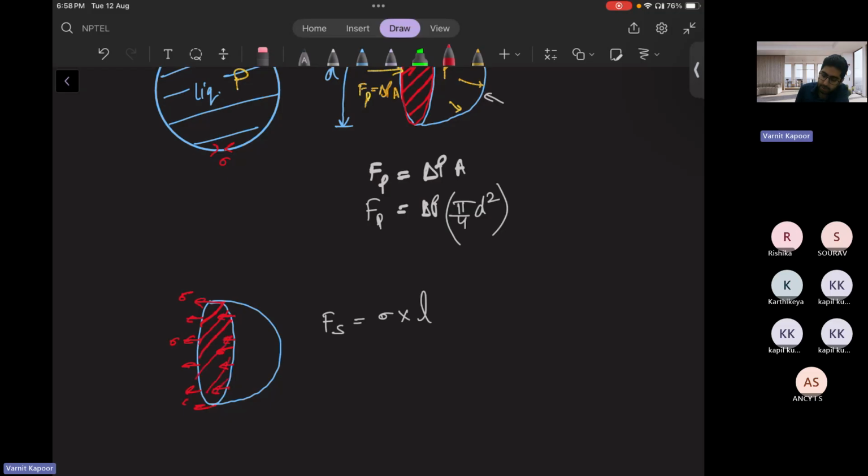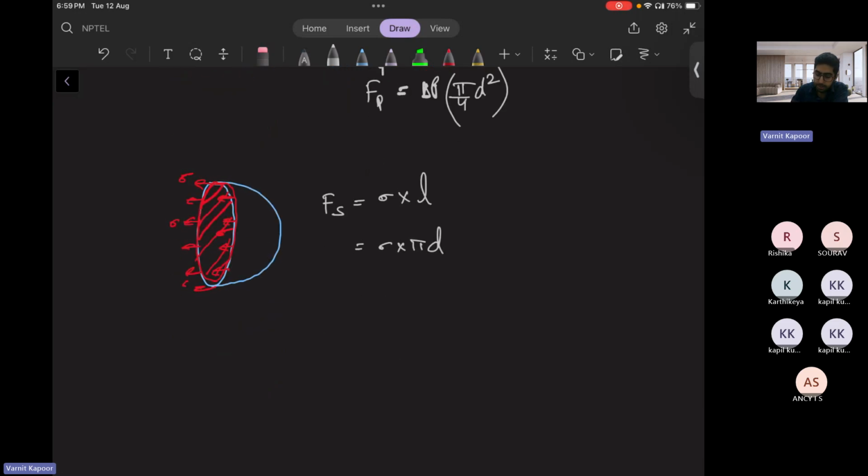The circumference will be 2 pi r or pi into d. There is a pressure force and a surface tension force, and you are trying to balance them, or see which one is greater or lesser. So it will be sigma into pi into diameter.